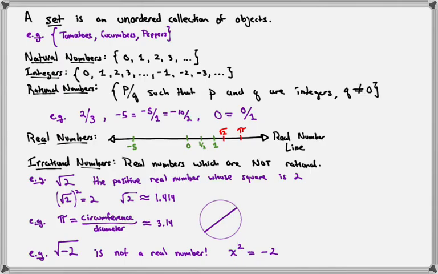So this equation here has no solution, and therefore square root of -2 is not a real number. You may be familiar with imaginary numbers in the complex number system as well, and that extends the real numbers beyond the real number line in order to give a meaning to symbols like square root of -2.